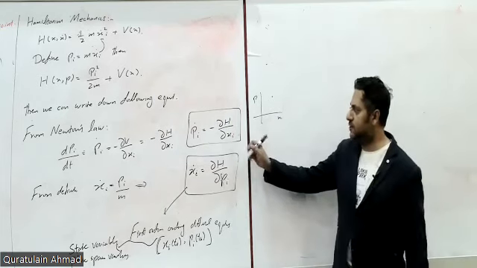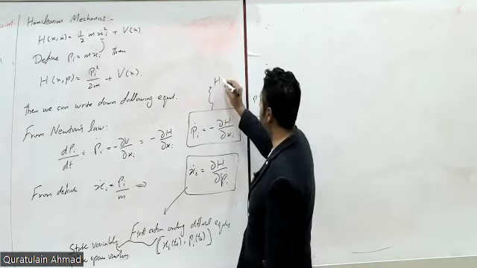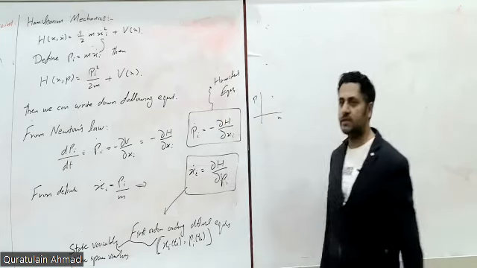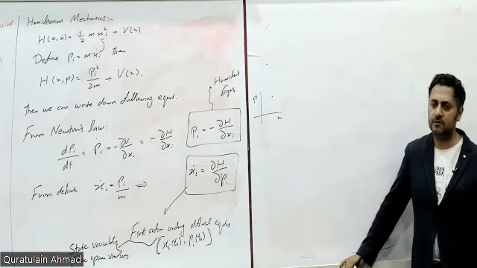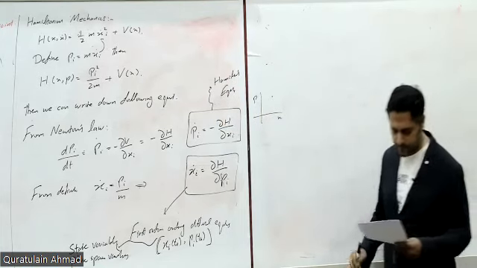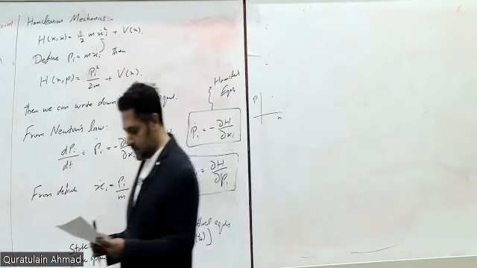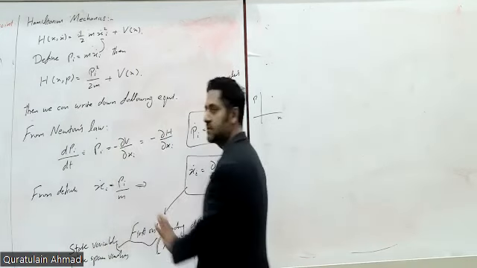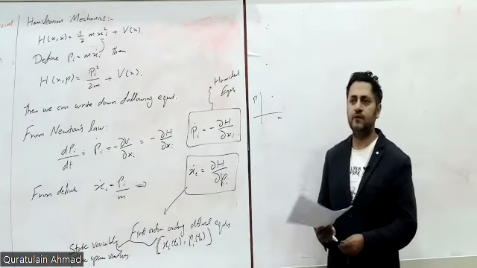These are called Hamilton's equations. They're going to generate what happens later on. But this was for the special case when the forces were of this type.